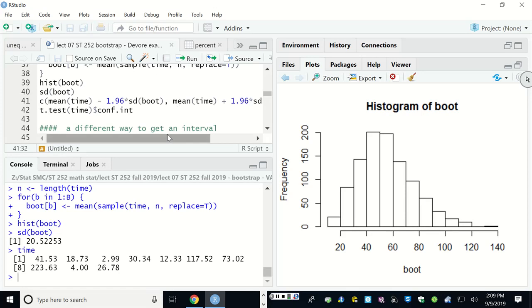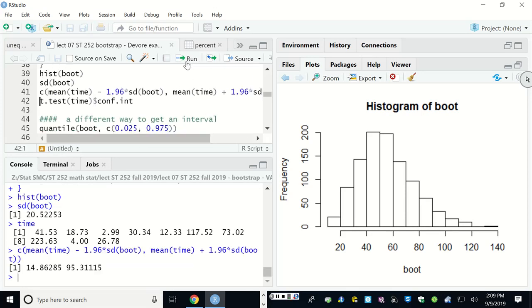And again, we can use that same thing to do that interval, right? So a 95% confidence interval for the average waiting time is somewhere between 15 and 95. That doesn't seem too precise. 10 trials doesn't really tell you too much, right? Maybe you need 40.